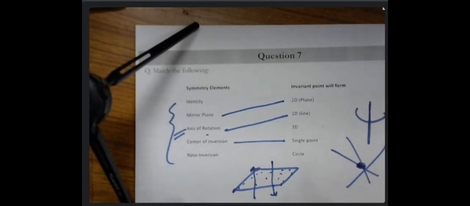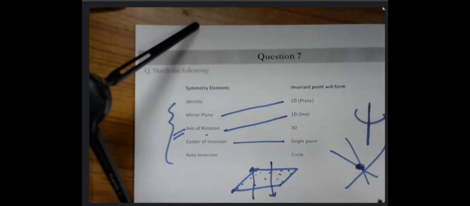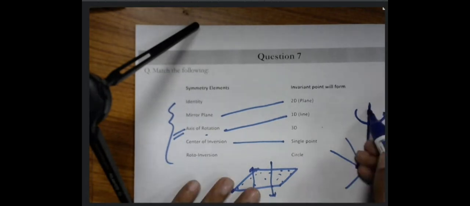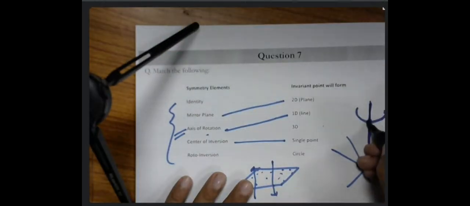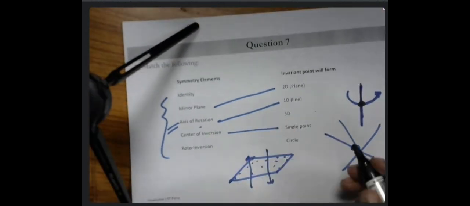What about the roto-inversion? Let us say this is the axis about which we rotate. Once we rotate, everything on the axis stays constant. But once I invert about one particular point, let's say this point, what will happen?